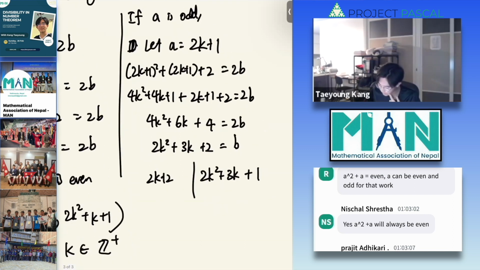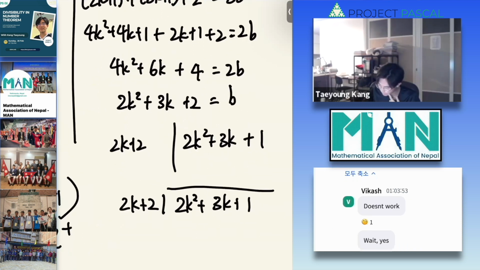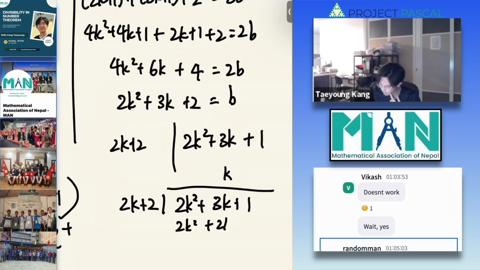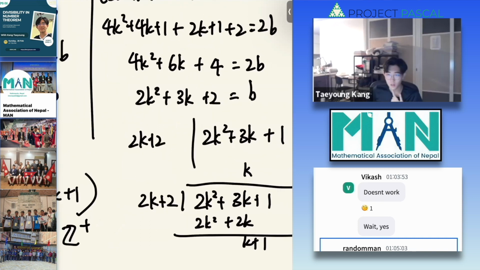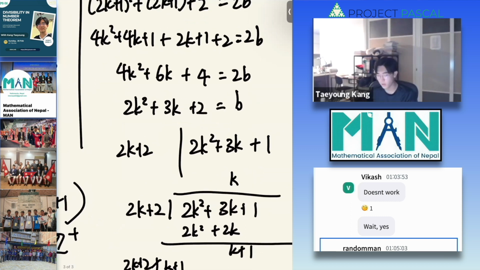And if you long divide this, we'll get k and 2k squared plus 2k, and then we'll get k plus 1, right? But then obviously k plus 1 is not divisible by 2k plus 2. So a must be even. Sorry, a must be, yeah, even. Odd doesn't work.